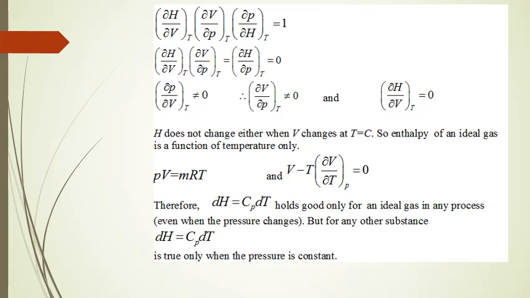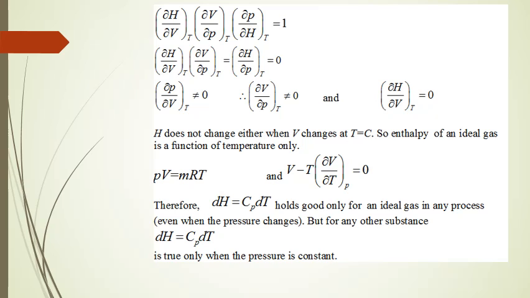Now this right hand side term is equal to 0, as we have proved on the previous slide. So it means the product of two terms is there on left hand side and one of them has to be 0.